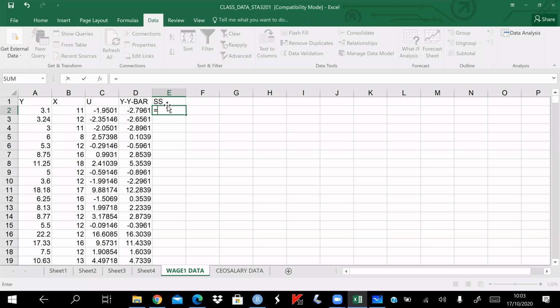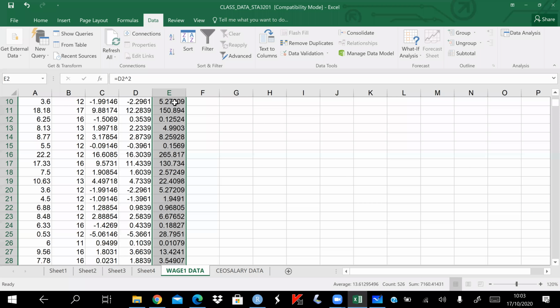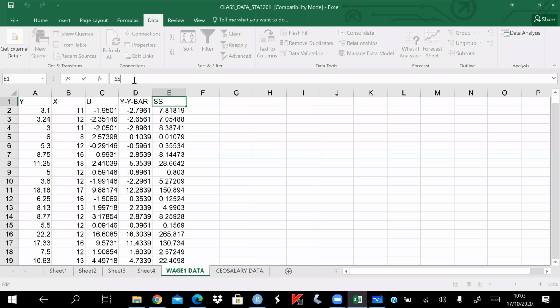You take this value here, then you square it. So I've squared the differences. Then I go down there, this is SST, and you sum.